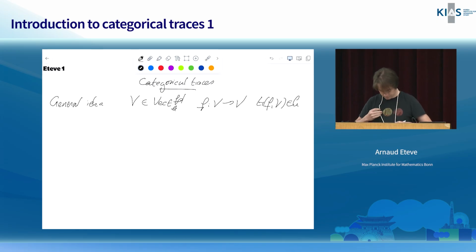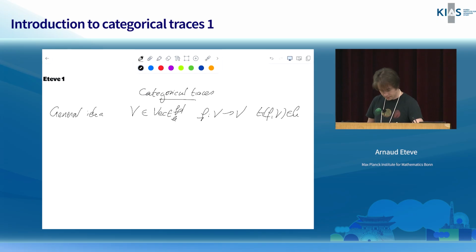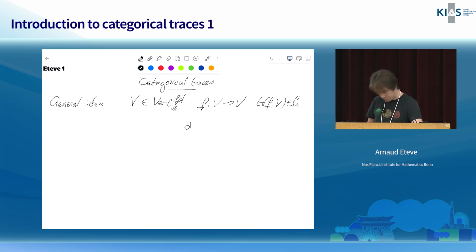So the point is that you have objects in categories, like vector spaces, representations, and so on. That is a 0 category itself.